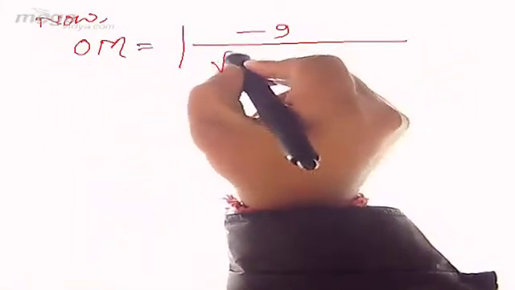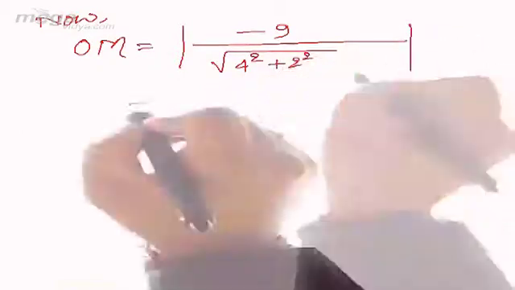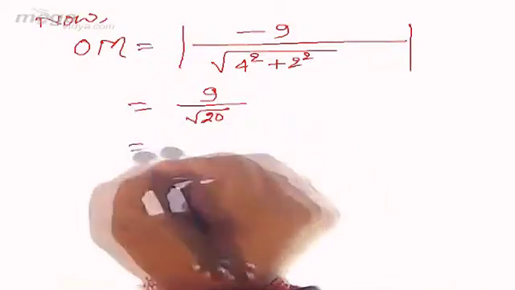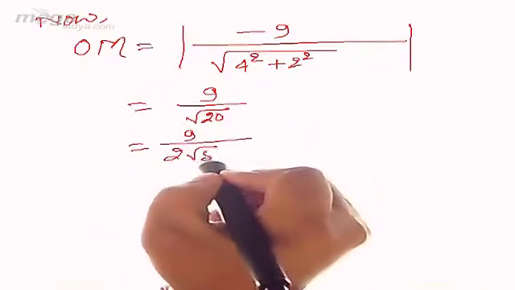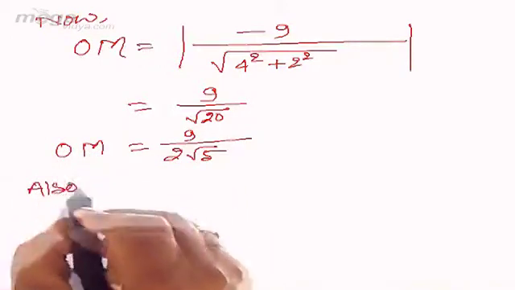So now we will consider OM equal to mod minus 9 upon root under 4 square plus 2 square, which is equal to 9 upon root 20, which is 9 upon 2 root 5. It is OM. Now we will calculate ON.